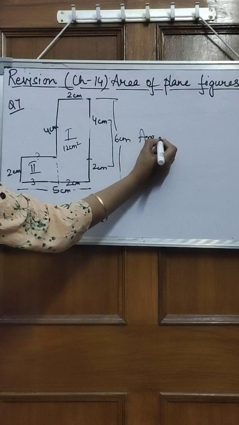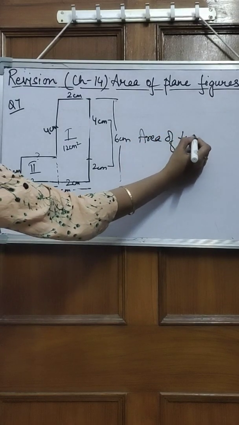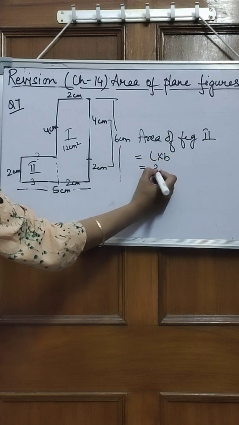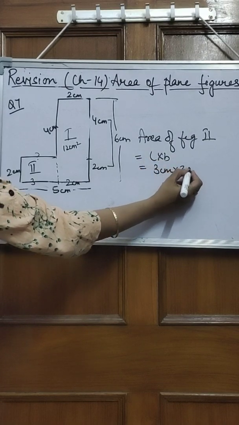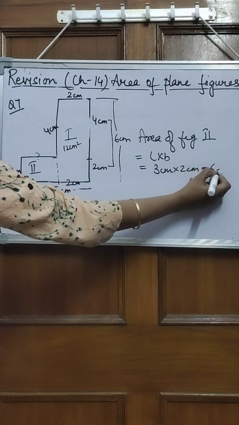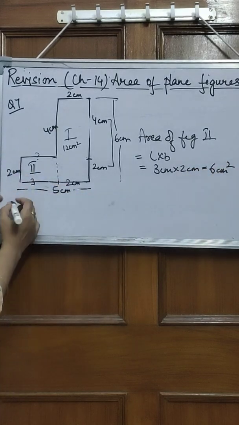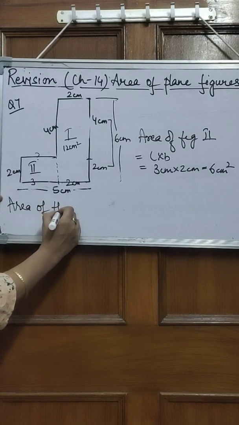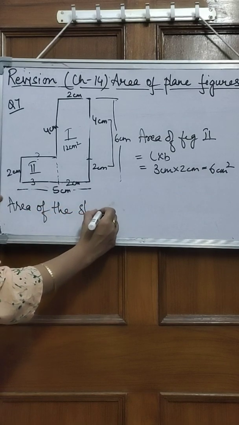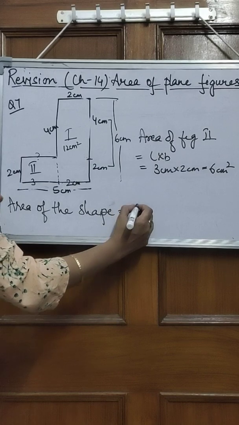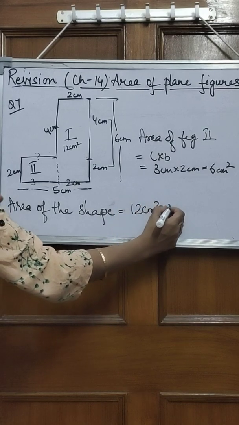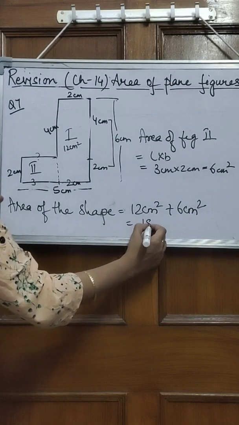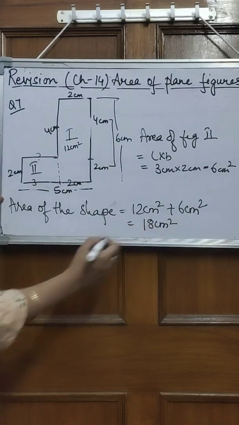Area of figure 2 is L into B, that is 3 centimeter into 2 centimeter, and that is equal to 6 centimeter square. So area of the entire shape is 12 centimeter square plus 6 centimeter square, and that is equal to 18 centimeter square.